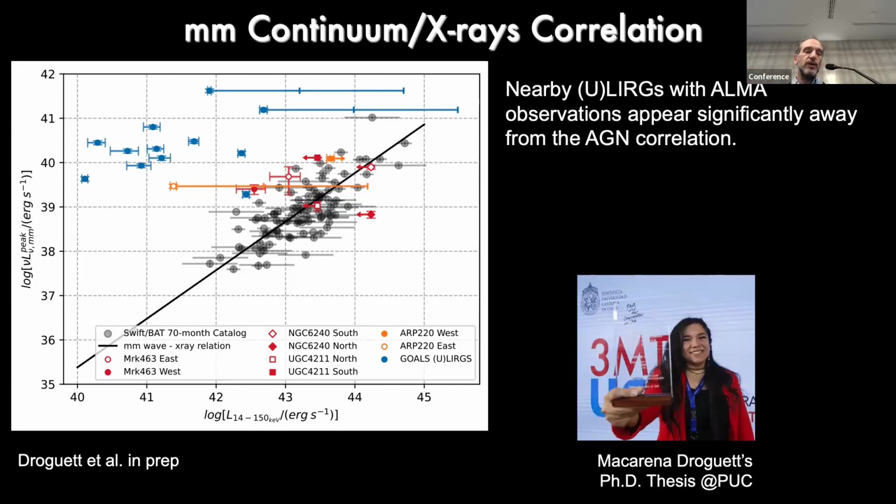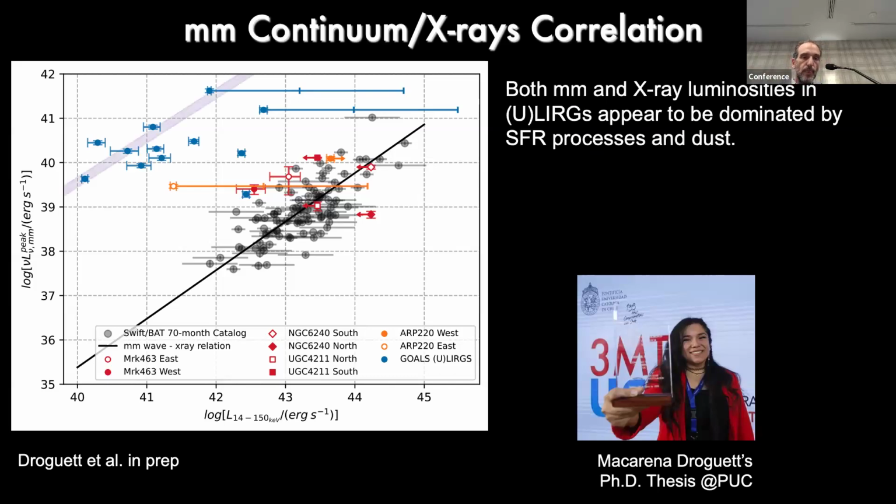You might interpret this because most of both the millimeter and the X-ray emission in these systems appears to be dominated by star formation processes and the dust in the nuclear regions of these systems.